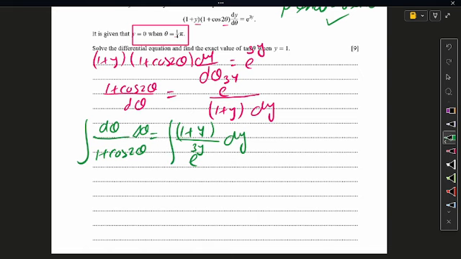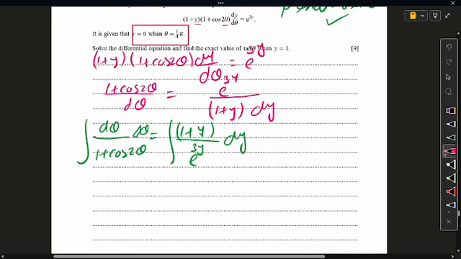You take the reciprocal, nothing else. So 1 plus y is shifted to the numerator and e raised to the power 3y is shifted to the denominator. Now you have to think about the integration step.